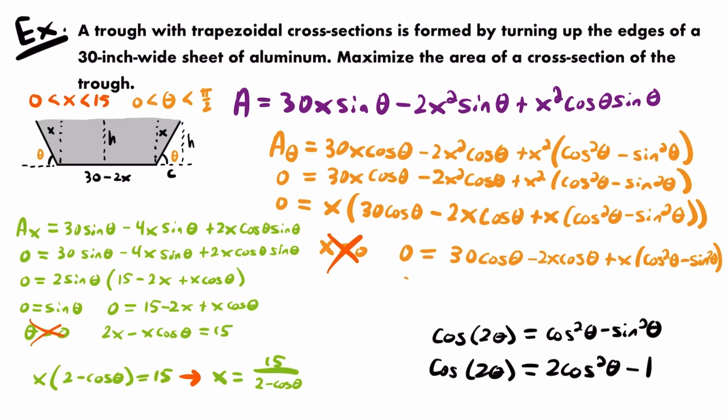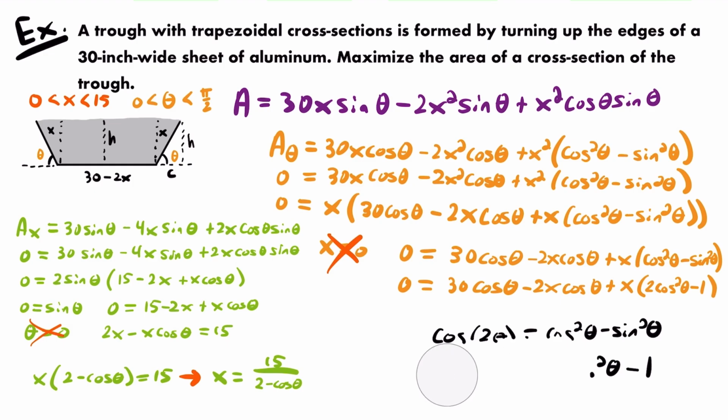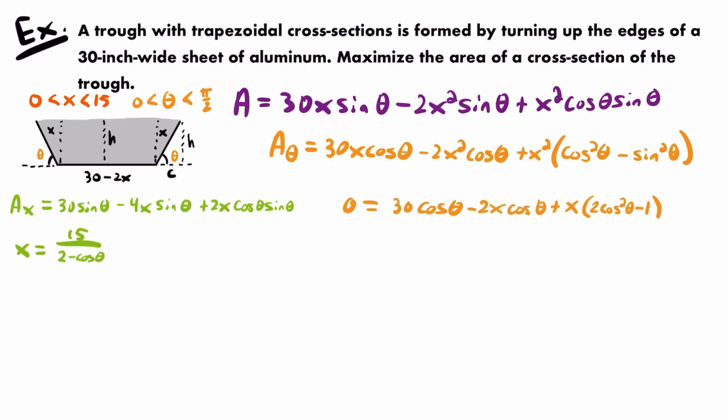I'm going to rewrite this to be 0 is equal to 30 times cosine theta minus 2x times cosine theta plus x multiplied by (2 cosine squared theta minus 1). And now we're ready to go. We can now plug in what x is equal to into this expression, and we should be able to solve for theta. So let's work on that now. I erased a lot of my previous work because we're going to need a little bit of space here.